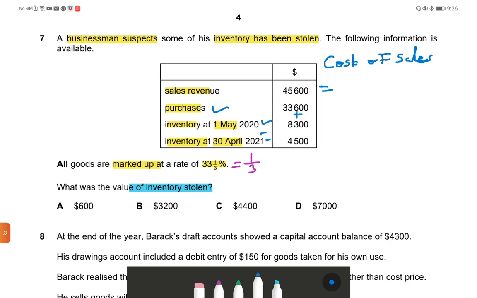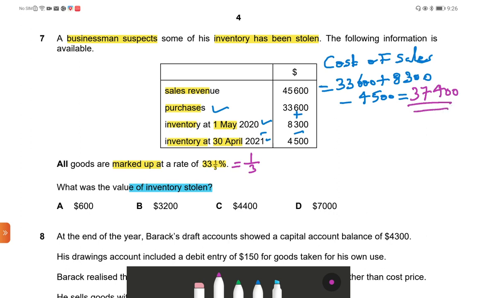So 33,600 plus 8,300 minus 4,500 is equal to our cost of sales, 37,400. So 37,400 is our cost of sales given in the question.